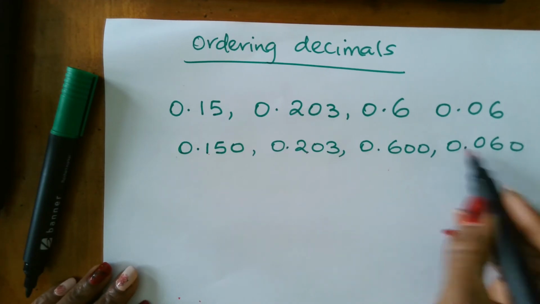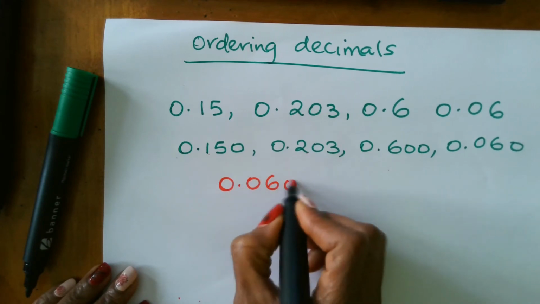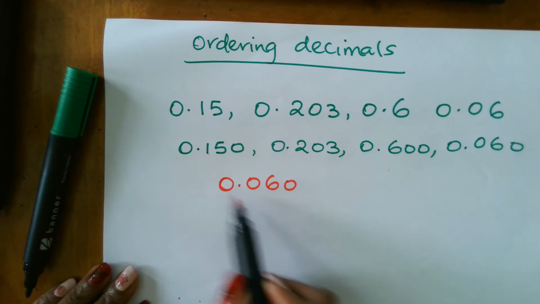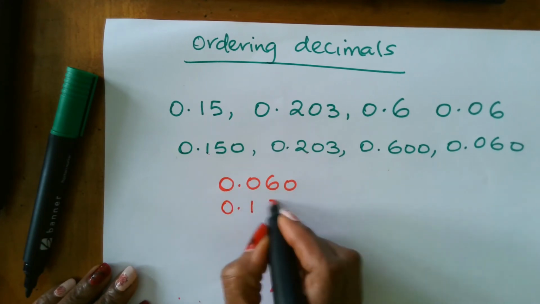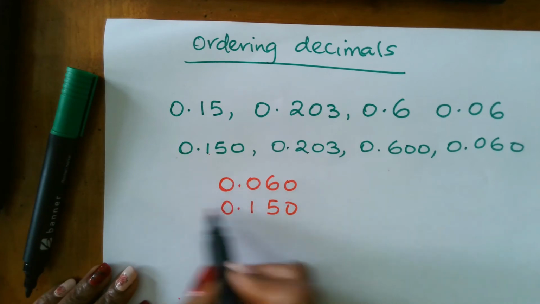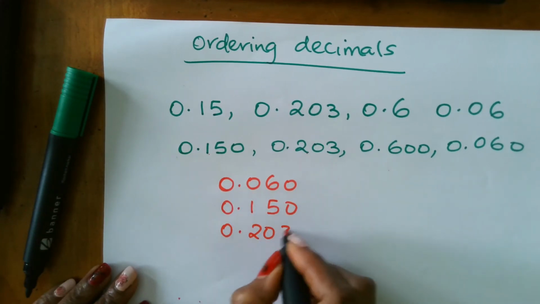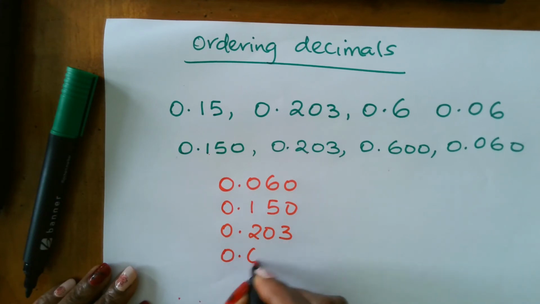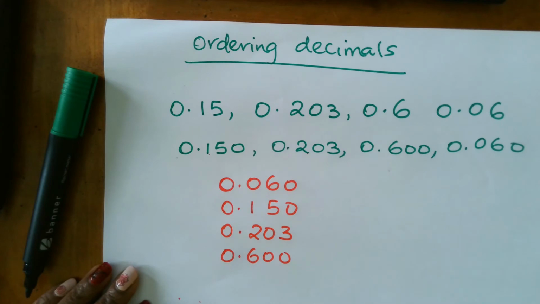Okay, so this one becomes the first one, 0.06, and then the next becomes this one, 0.150, and the third one, and the last one. So when we look in here, we can see that the decimals have been rearranged.